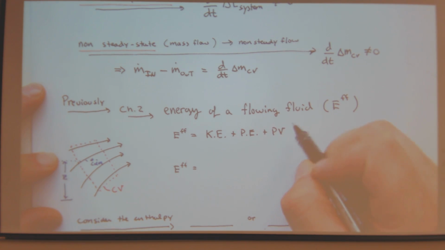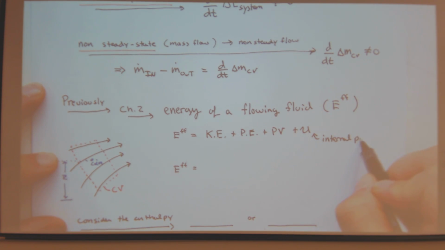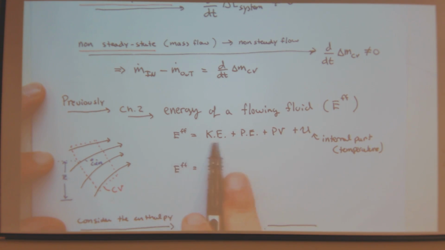And then I had my other internal part. So if I just look at the mechanical aspect, I have kinetic energy plus potential energy plus my PV. If I look at it total, I have my kinetic plus potential plus this other internal type thing.